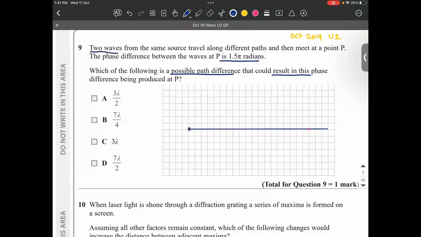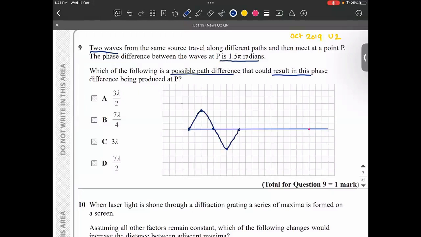So this is the first point, the zero amplitude point, and this is maximum amplitude, then zero, then minimum amplitude, then zero. This is one complete set of wave.